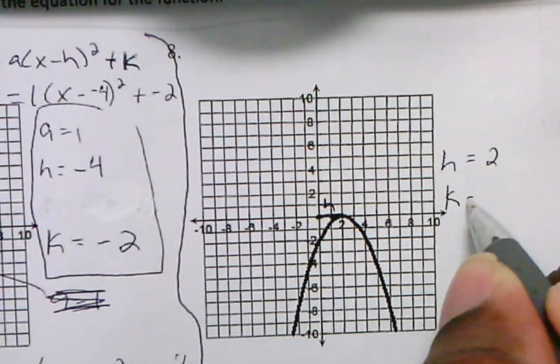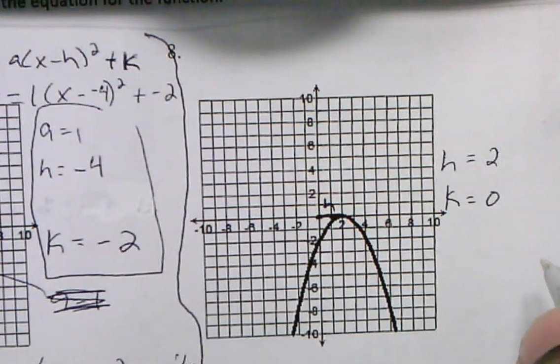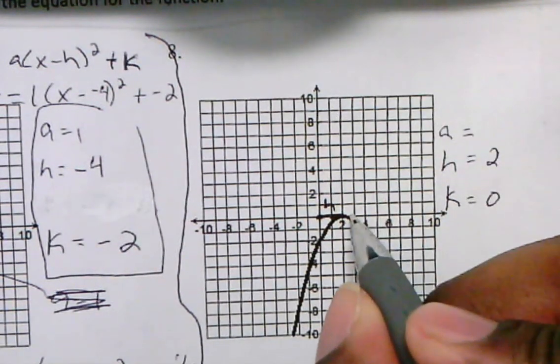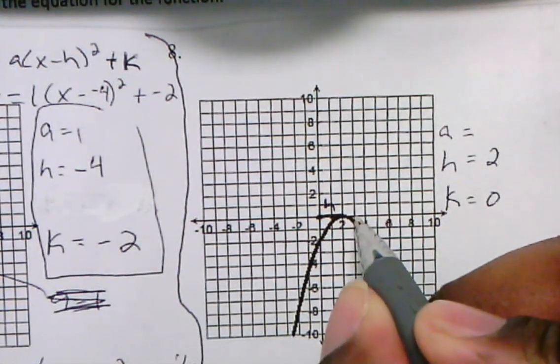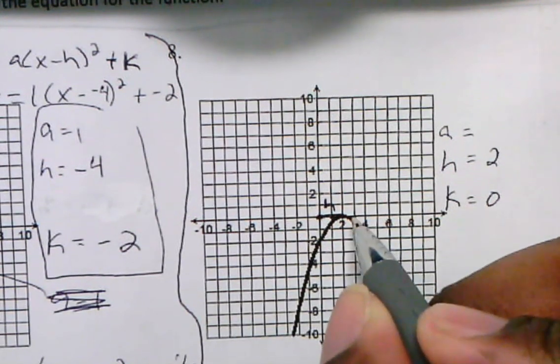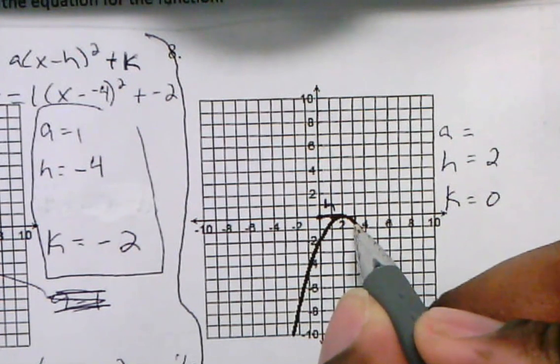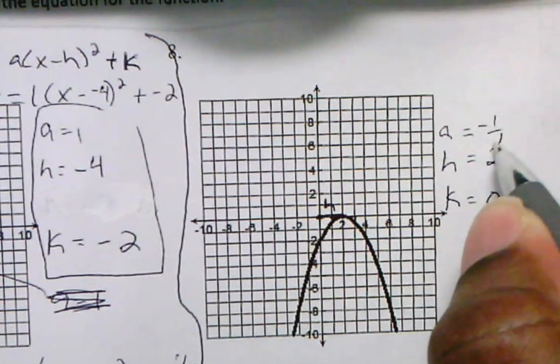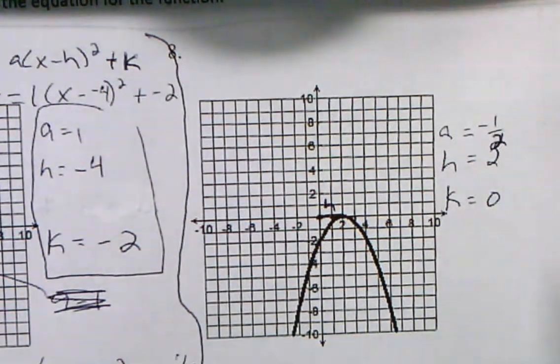I know k is 0 because I did not go up or down. And then I need a. a is, if you go over 1 unit to the right and you go down and touch the graph, how far you went to touch the graph. So I went down and it looks to be a half. Since I went down, I'm saying negative 1/2. So that's negative 1/2 for the a value.